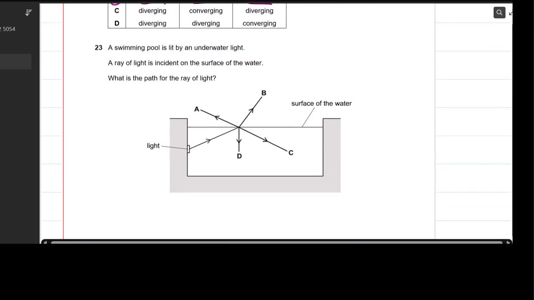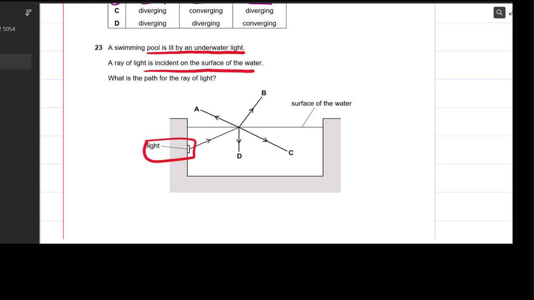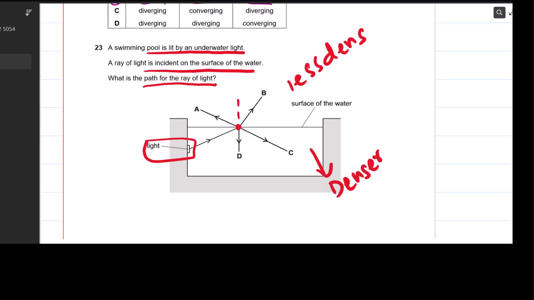Moving to question 23. A swimming pool is lit by an underwater light. This is a light here. A ray of light is incident on the surface of the water. What is the path for the ray of light? So this is the denser medium, and here we have the less dense medium. This is the point of incidence, and if I draw a normal here, the ray will bend away from the normal like this, and this is not happening.